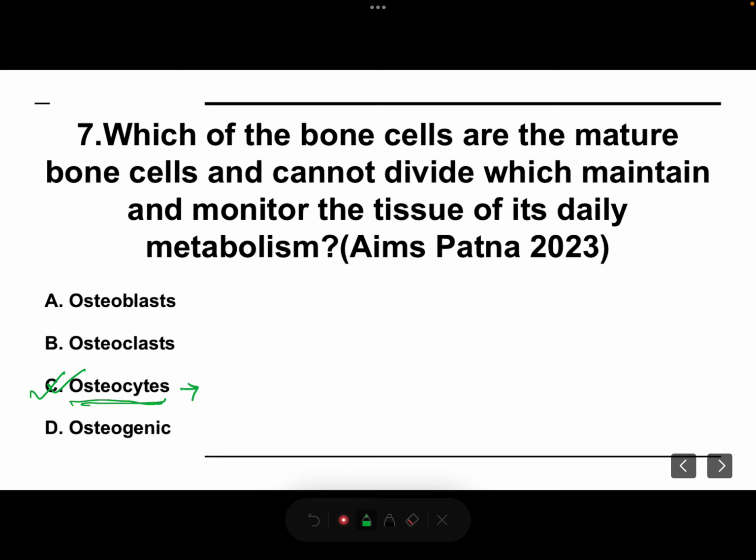They can't proliferate. But osteoblasts can. Osteoclasts are for bone remodeling. They can also proliferate.